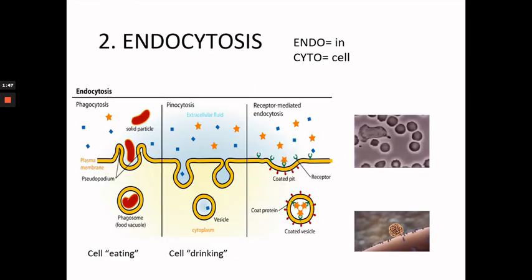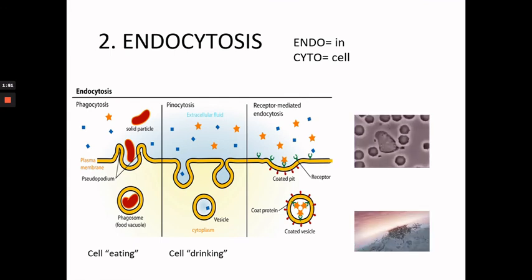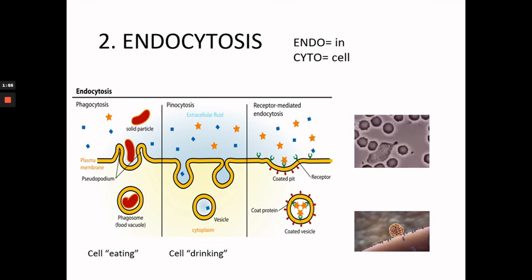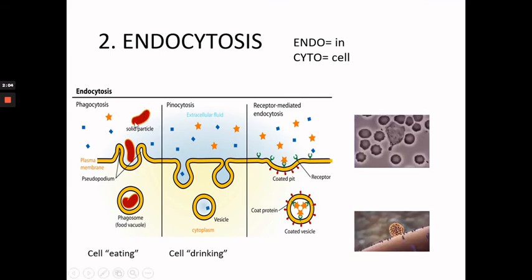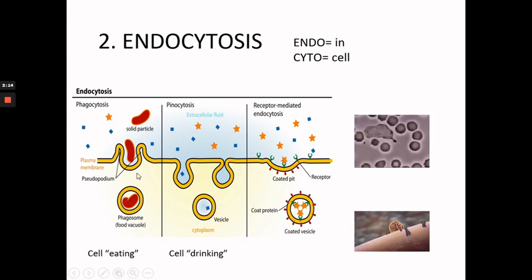The second type of active transport is called endocytosis, and endo means in, cyto means cell. So endocytosis is when we move large particles inside the cell. Example is when you try to transport a solid material into the cell, which we term as cell eating or phagocytosis.